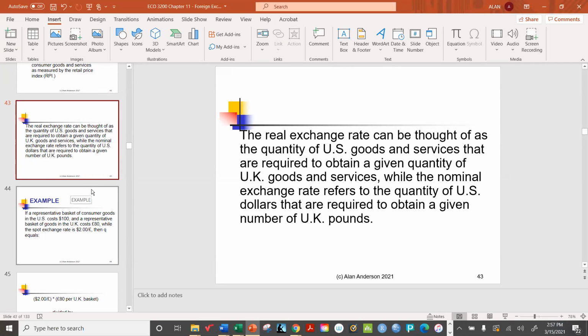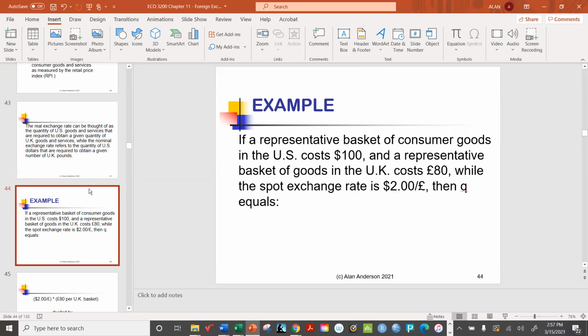But let's just say in our example that a representative basket of consumer goods in the US, just to keep it simple, cost $100. That's the basket that is priced by the US Bureau of Labor Statistics to calculate the CPI. The equivalent basket in the UK cost 80 pounds.